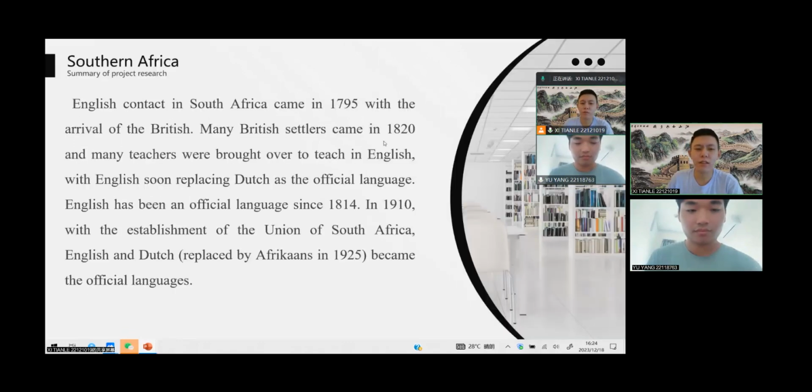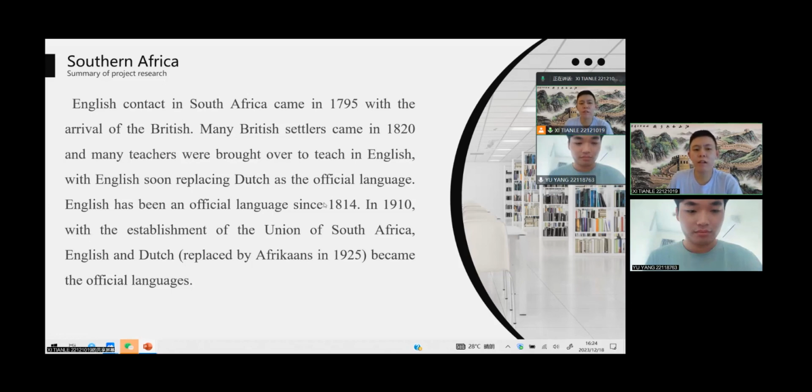And the history in Southern Africa. English contact in South Africa came in 1795 with the arrival of the British. Many British settlers came in 1820, and many teachers were brought over to teach English, with English soon replacing Dutch as the official language.